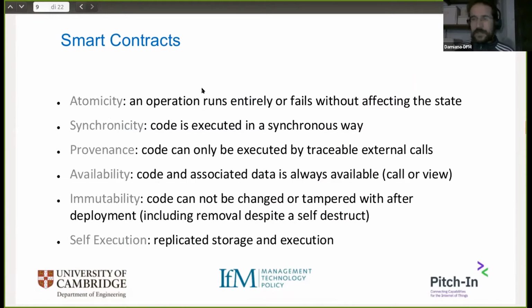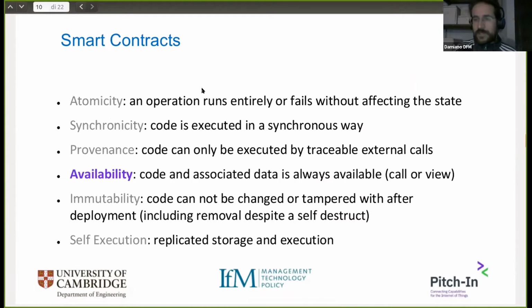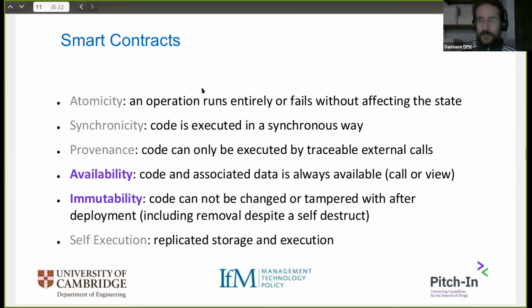Smart contracts have some nice properties, and what we are more interested in here is availability, which means that once you deploy the smart contract to a blockchain, to this magic computer, this distributed ledger, the code has a life of its own. It lives on the blockchain and is always available there, beyond the control of the parties.